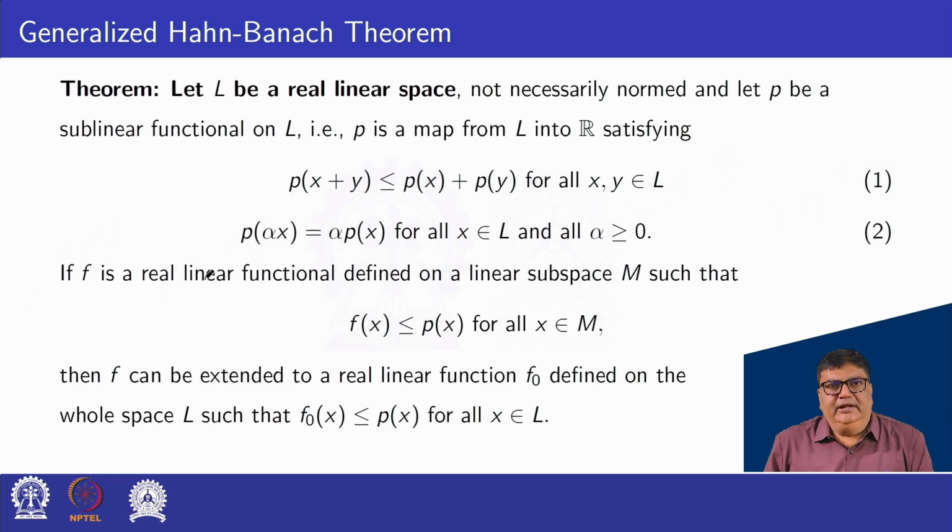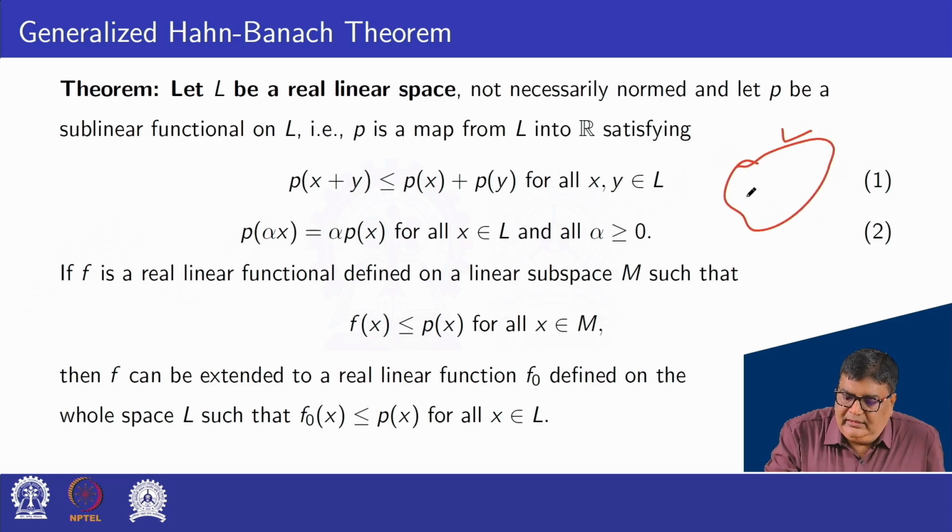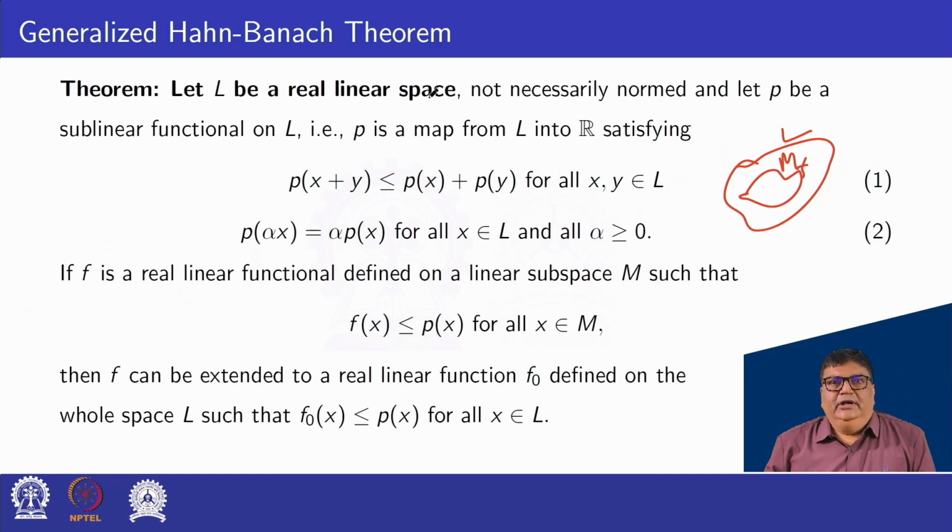If f is a real linear functional defined on the linear subspace M, suppose here L and this is subspace M, f is defined on M, and P is defined on the space, such that fx is less than or equal to px.